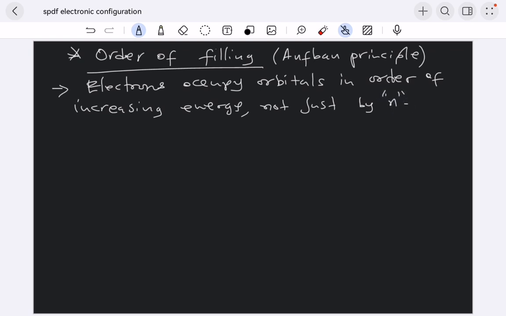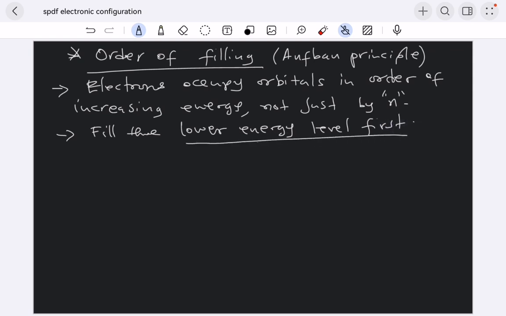So what this simply means is that we fill the lower energy level first. So the lower energy level should be filled first.